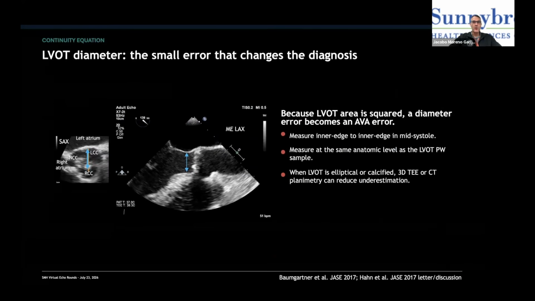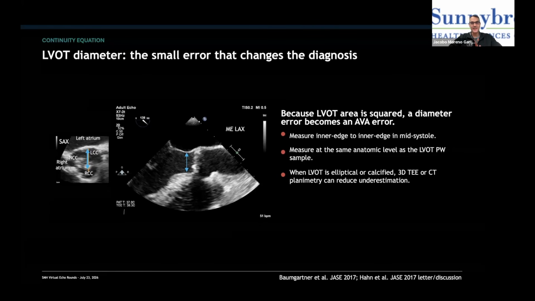I think one of the most common sources of error when we estimate aortic stenosis is going to be your LVOT diameter. As I mentioned before, please be sure that you are measuring the proper cut. When you go to the mid-esophageal long axis to measure your LVOT diameter, you need to measure between the right coronary cusp and the connection between the non-coronary cusp and the left coronary cusp, from inner edge to inner edge in mid-systole.